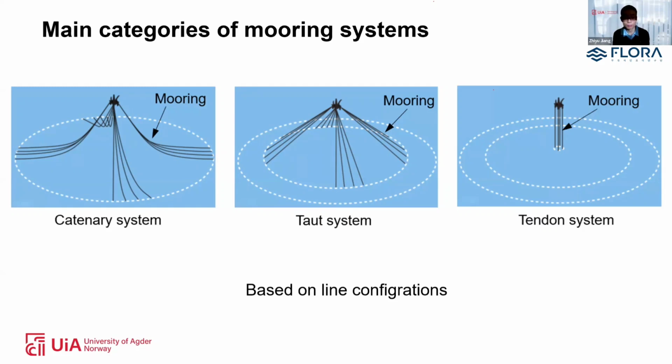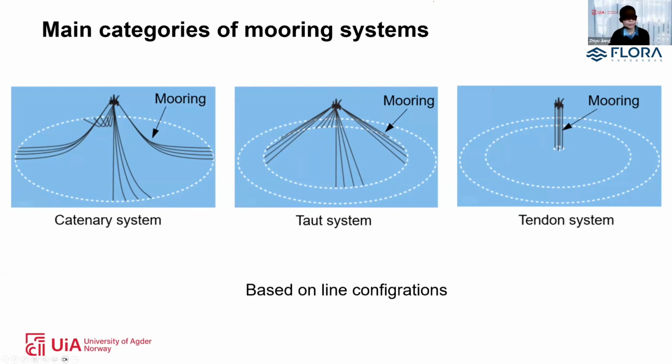Taut system means we have inclined tendons, while for tendon systems, the tension leg platforms, we have vertical tendons. So this categorization is based on line configurations of the mooring lines.